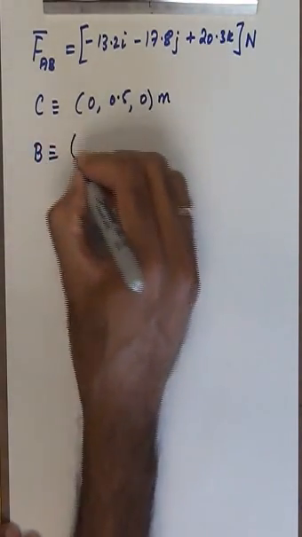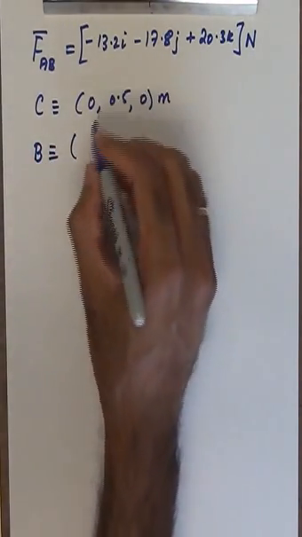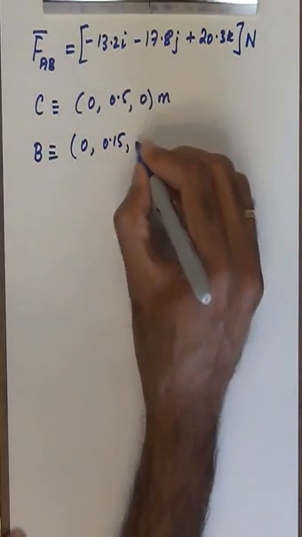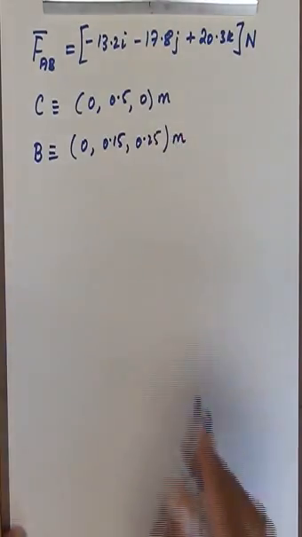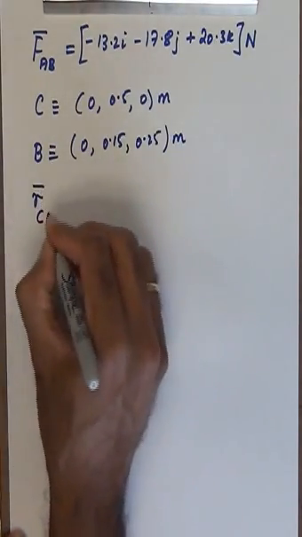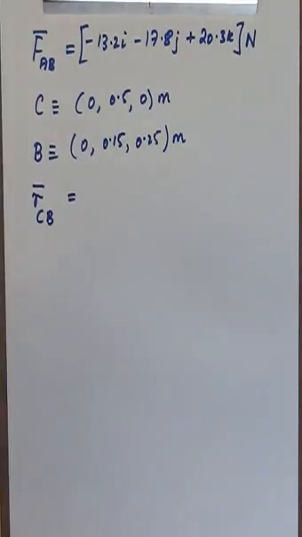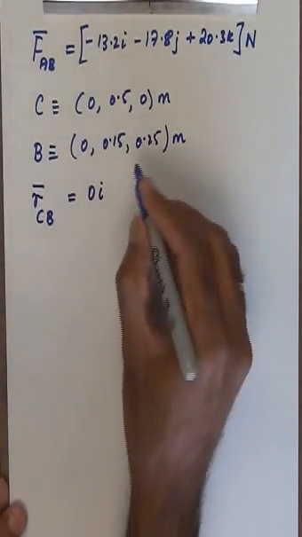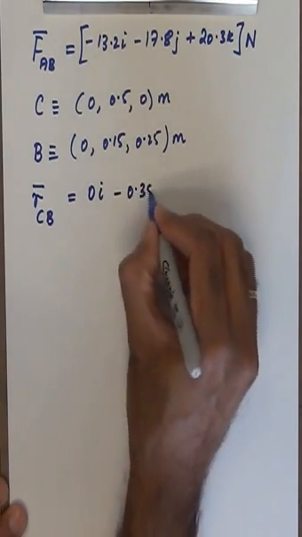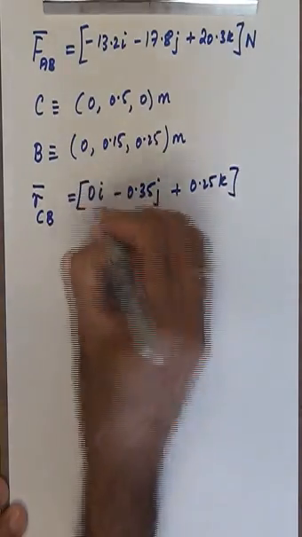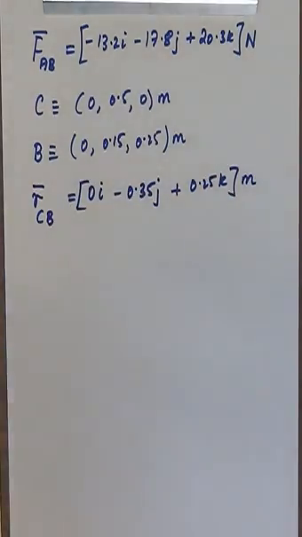Coordinates of point B were the following. It was 0, and then it was a point in the positive zy plane, so 0.15, and then 0.25, so many meters. And so my RCB is going to be coordinates of B minus the coordinates of C, and I'm going to end up with 0i, then minus 0.35j, and then plus 0.25k, so many meters.